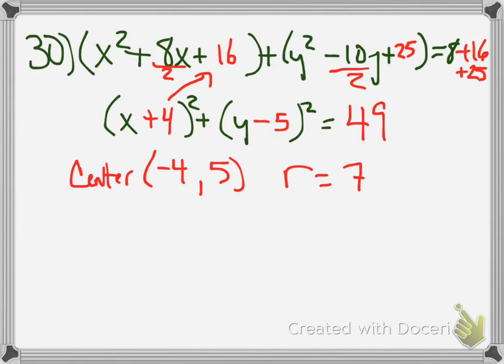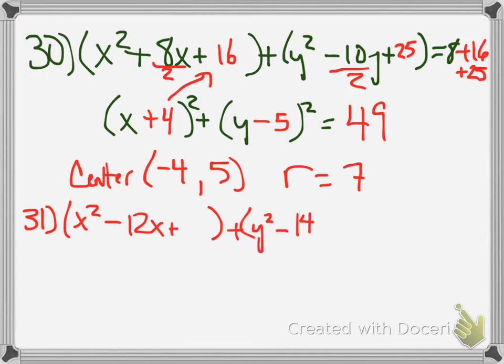So, to do the same thing on 31, make sure, again, you put your x's together. So I'm going to say x squared minus 12x, close it. Notice I put a plus y squared minus 14y, close it, equals negative 4.